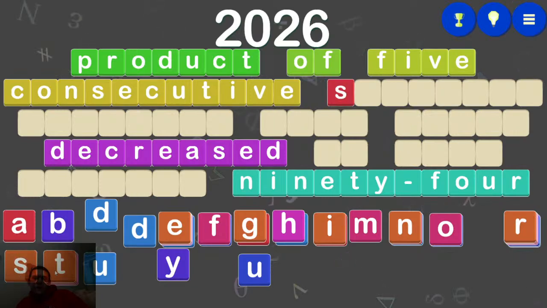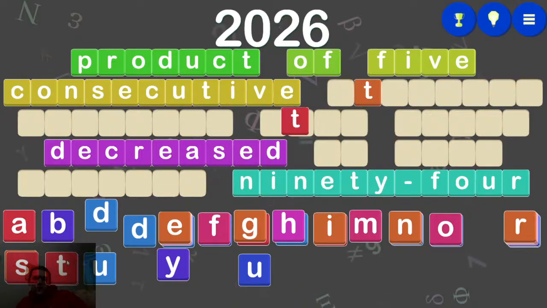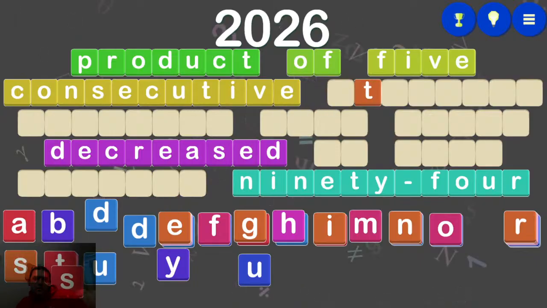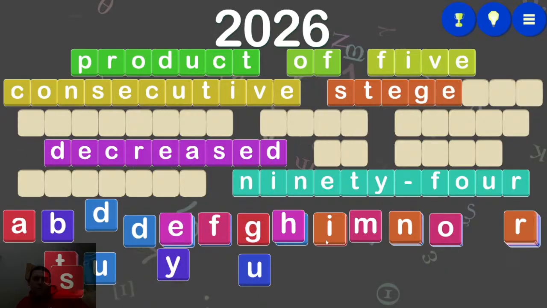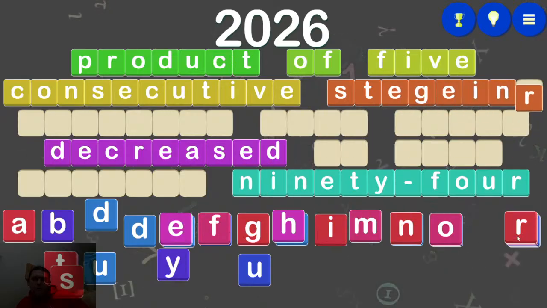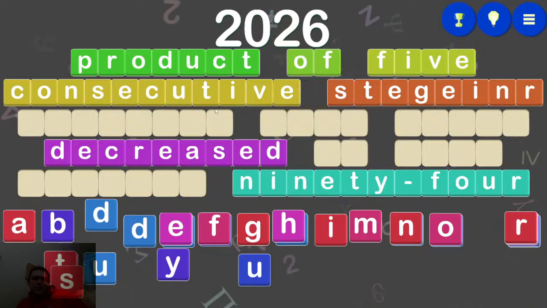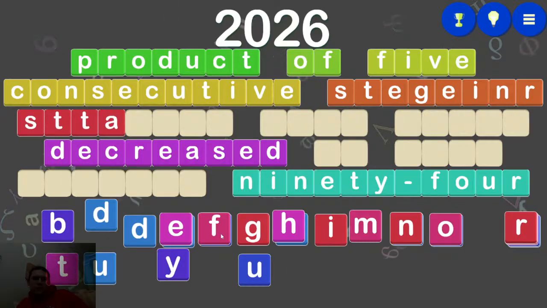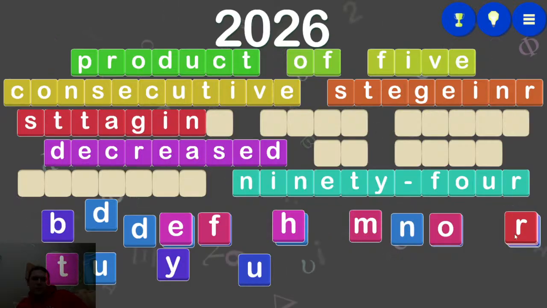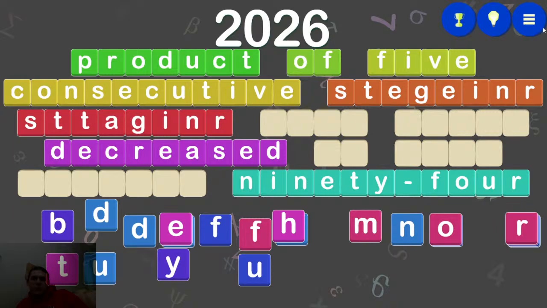We have another loan word. I'm not getting what this is, but another loan word goes here. Then we had some shorter one.